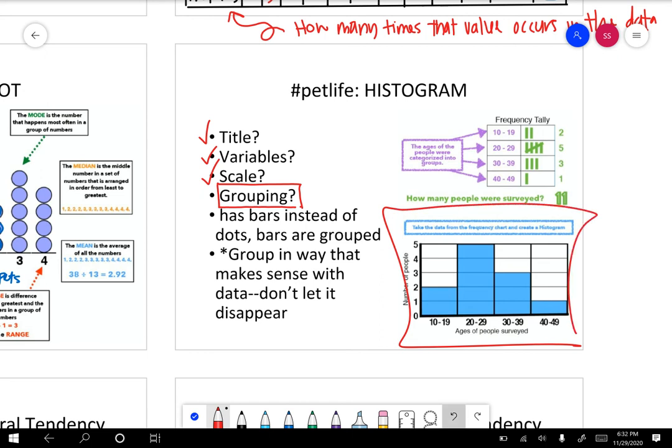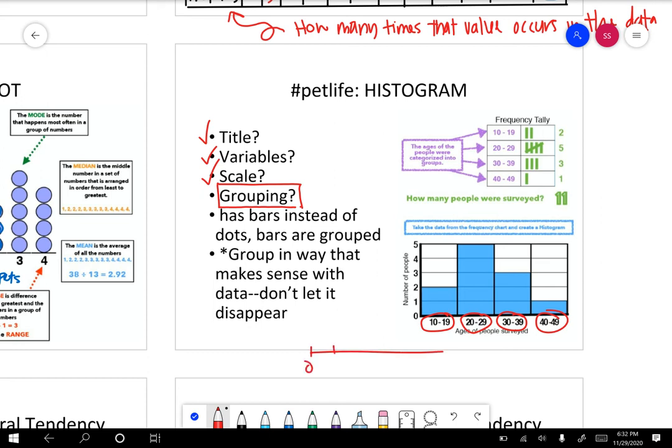Okay, so we have this data. What I mean by groupings is if you look at this scale or number line down here, it's not your typical number line where we go 0, 1, 2, 3, right? Kind of like we did before with the dot plot. It's grouped, right? So it's not a single number.